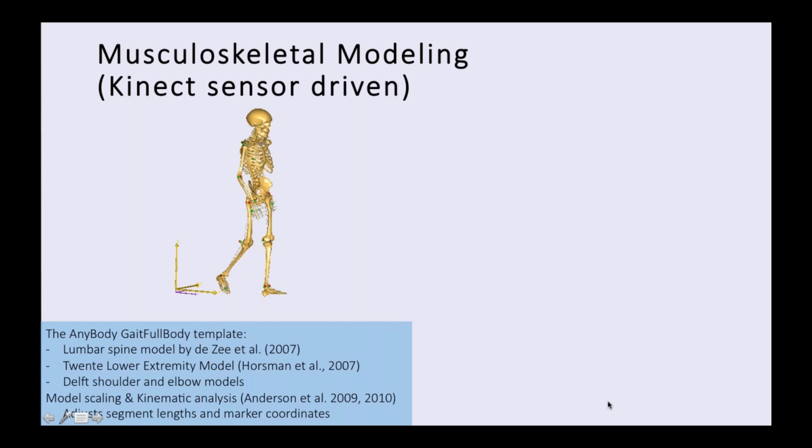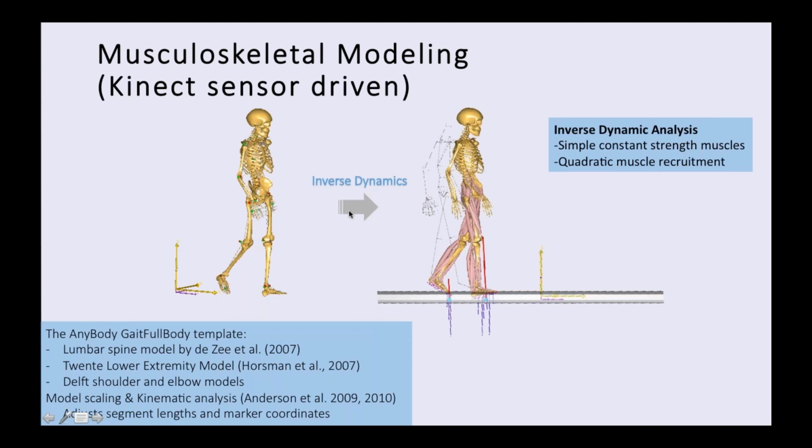For that, we use the AnyBody full body template using a lower extremity model, a delta shoulder and elbow model, and model scaling and kinematic analysis was the work by Andersen in 2009, 2010 to adjust segment lengths and marker coordination. Once we do that, we do the inverse dynamics phase, where we can, of course, come up with the internal forces we are interested in.